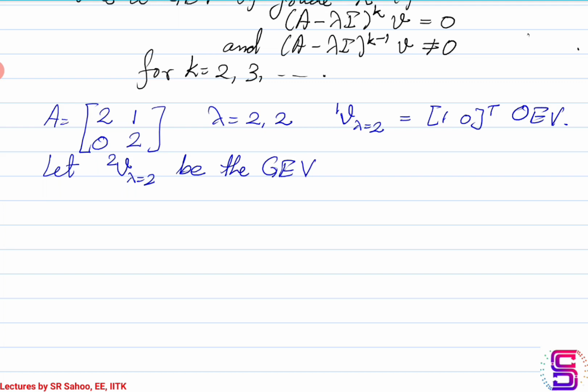By the way, how many GEVs will we have? Here m_1 is 2, and we get the geometric multiplicity to be 1. So the number of GEVs is m_1 minus m_1 bar, which is 1. We'll have 1 GEV. Let that GEV be denoted as 2V lambda equal to 2.